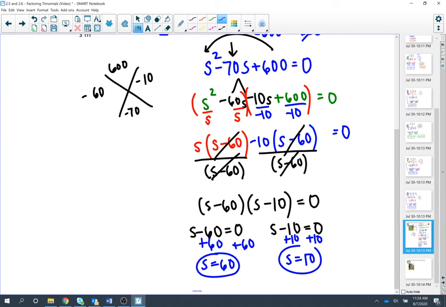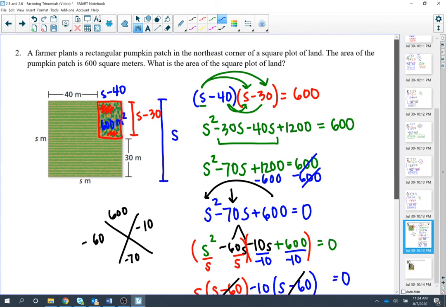Then I'm going to go back and look at my answer in the context of my problem. So I have two answers, either S is 60 or S is 10, or S is both 60 and 10. Go look at your picture. Is S 60 or is S 10, or could it be both? If you're thinking S could be 10, if I put 10 here for this whole side length, what's the problem?